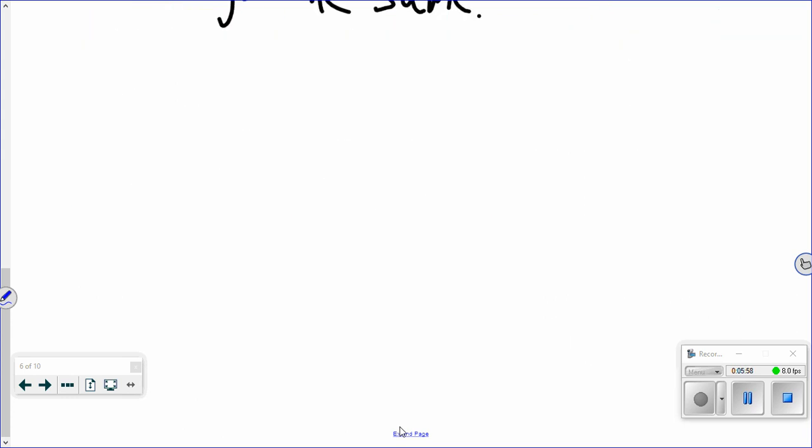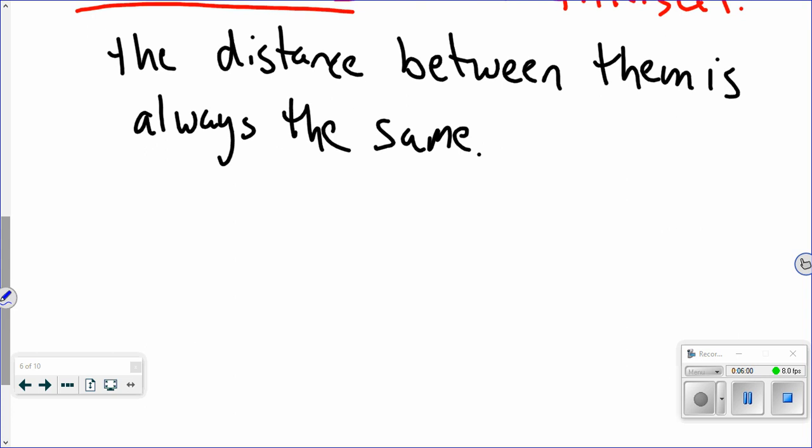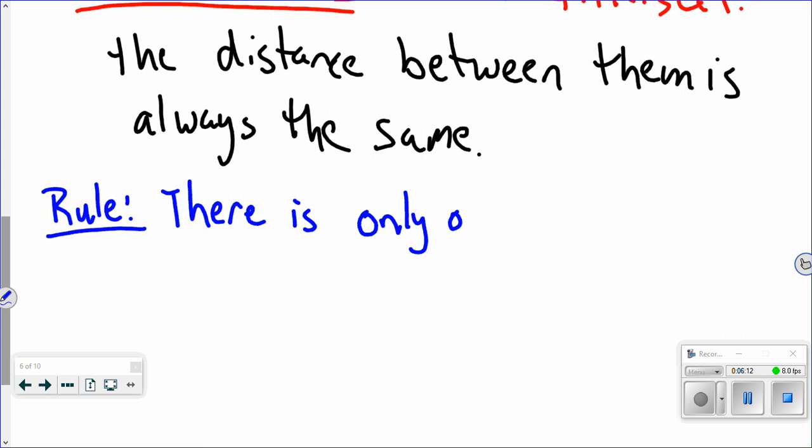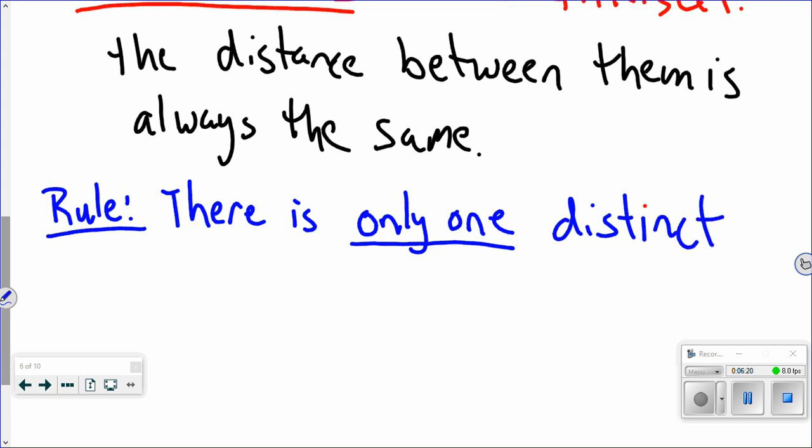This rule is there is only one distinct line through point P that is parallel to line L. Distinct means unique, or one and only one.